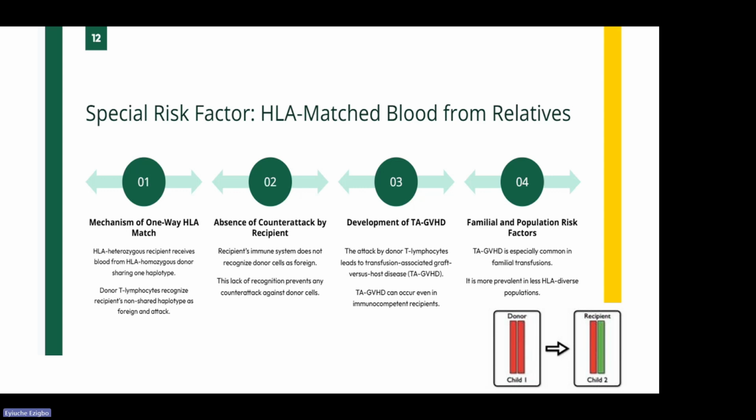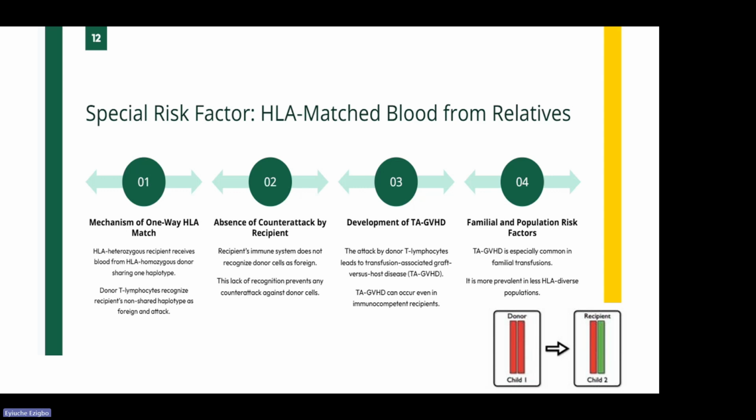So when the blood is transfused, the recipient immunologically goes to sleep because he's not seeing any danger; he has part of what is coming from the donor. But those donor white cells being transfused will see this recipient's antigen as foreign, and will start attacking the recipient without the recipient mounting a response, because the recipient is not seeing any danger.